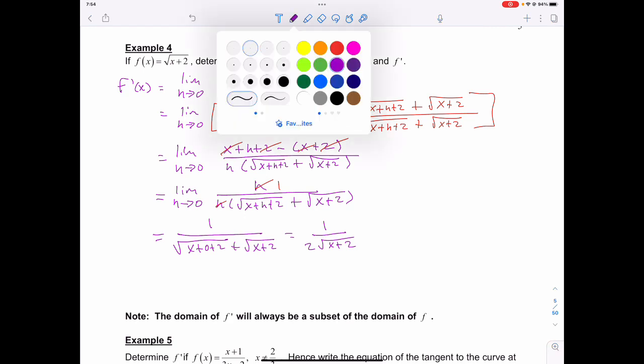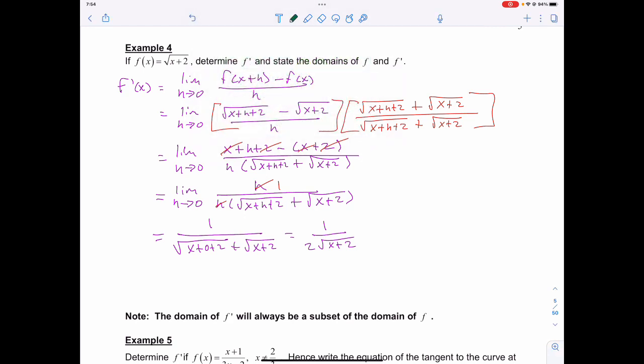Now, what does this mean? This means that if f of x is equal to the square root of x plus 2, then the domain is x is an element of negative 2 to positive infinity, where it can equal negative 2.